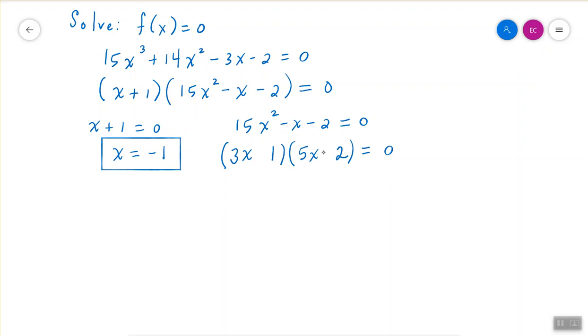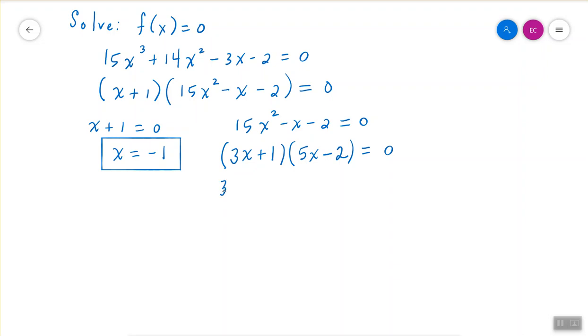So let's put a negative sign on the 2 and a positive sign on the 1. I know I went fast through that factoring. Take your time and make sure you feel good about those factors.